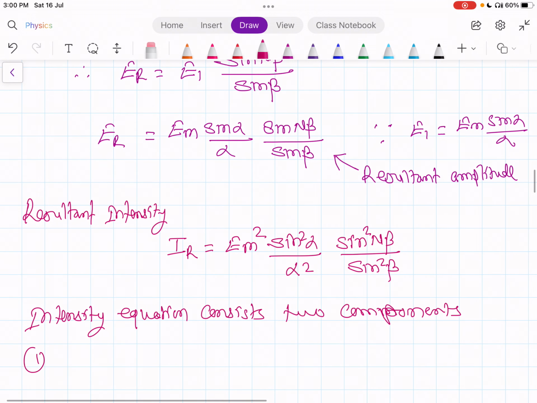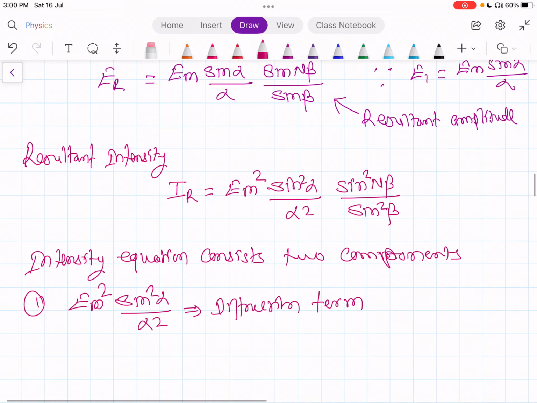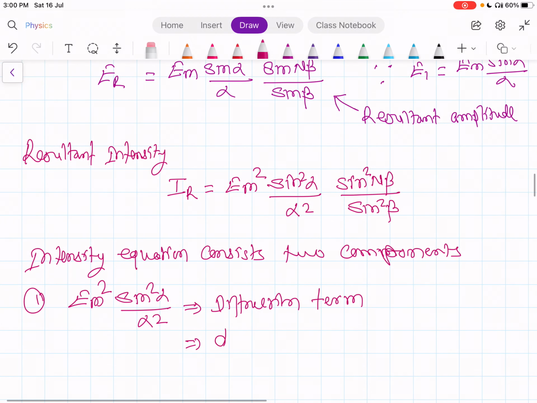The first component is Em square sine square alpha upon alpha square, and this is the diffraction term, or diffraction component, and this is due to diffraction from a single slit.